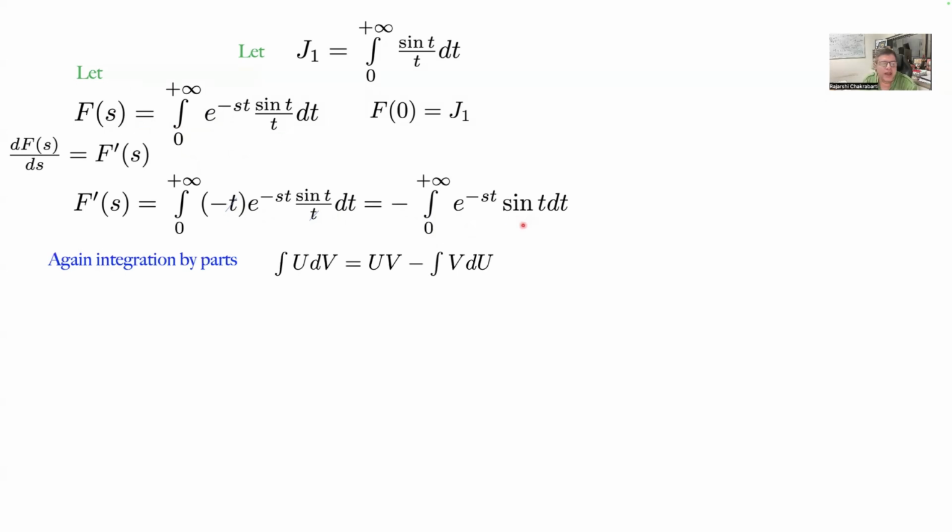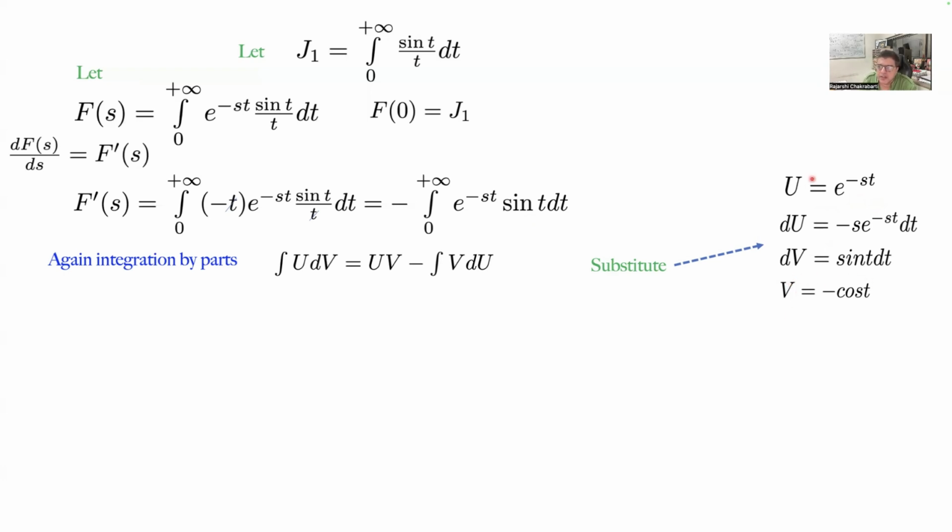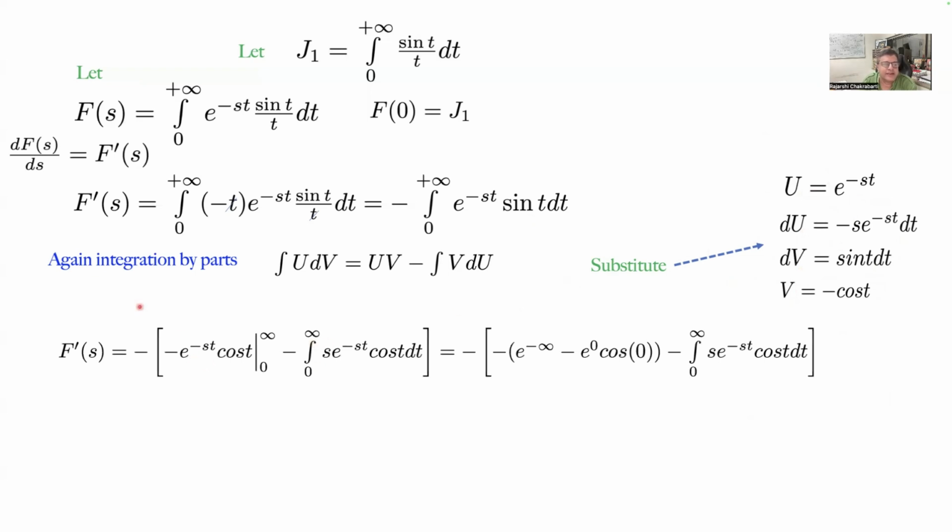Now again, we do this integration by parts. You know the formula. We make these substitutions, u as exponential of minus st and dv as sine t dt. If you make these substitutions, then my integral becomes like this. You have this surface term, then minus this integral. Now carefully look at this term at the boundaries.